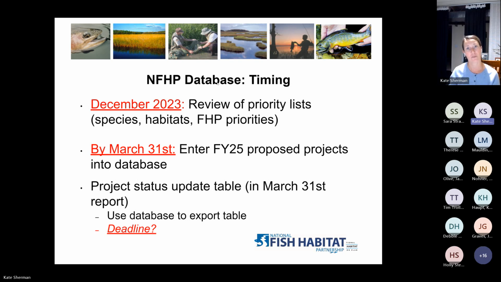And so we want the database to reflect your most up-to-date priorities. So we'll just ask for that by the end of the year that you review those. They're in the database form right now. However, I'm happy to send out an Excel spreadsheet of what is in the database for you all to use, for you to review and make any changes if there are some.